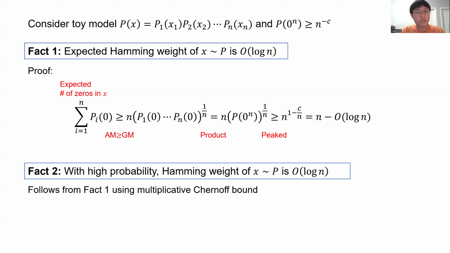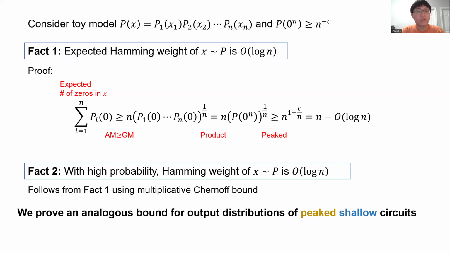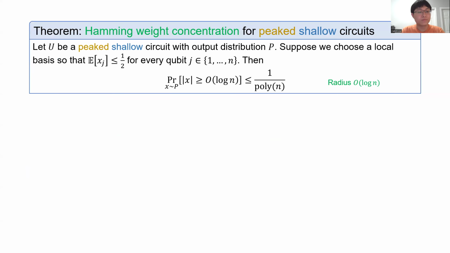Now, it is straightforward to apply a multiplicative Chernoff bound to strengthen the expectation bound to a concentration bound. It turns out that an analogous Hamming weight concentration property holds for the output distribution of peaked shallow circuits. We proved that for a peaked shallow circuit where each output bit is locally biased towards 0, the output distribution is concentrated on strings of Hamming weight at most log n.